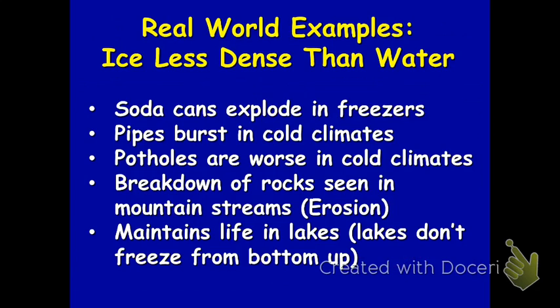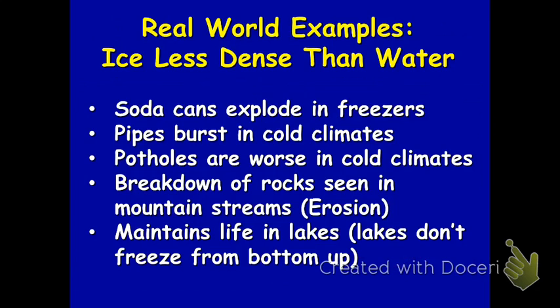And probably one of the most important concepts, and there have been people that have done studies on this because they know at one time Earth was completely covered by ice, a long time ago, billions of years ago. And we know today that basically this property maintains life in lakes and other bodies of water. Lakes don't freeze from the bottom up.